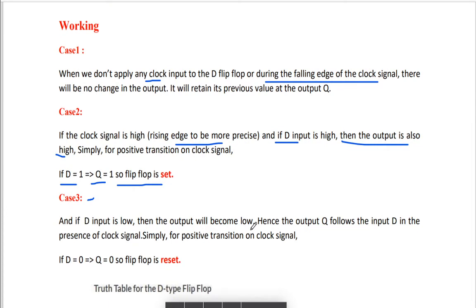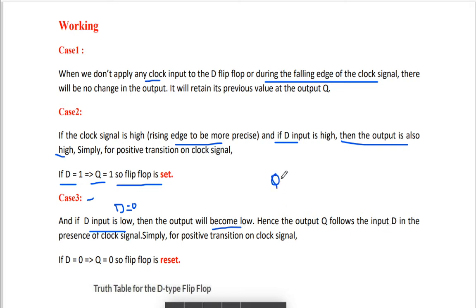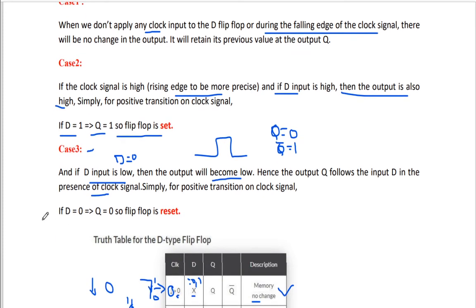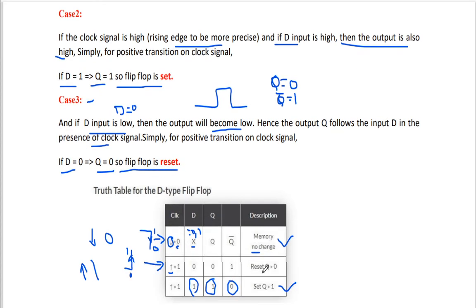When I say D is equal to 0, then the output will be low, hence Q follows the input D, that is Q equal to 0, and Q bar will be holding a value 1. So in the presence of the clock pulse, when we have the positive edge clock pulse given, if D is equal to 0, Q is equal to 0, and the state of the flip flop we call a reset state.